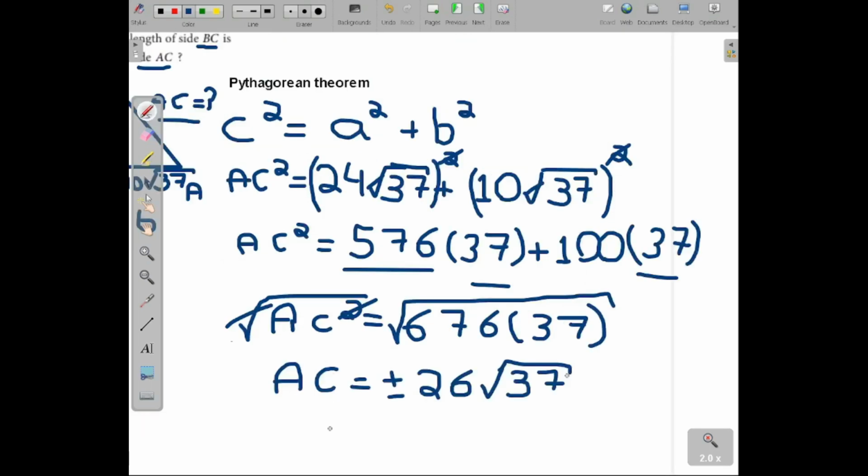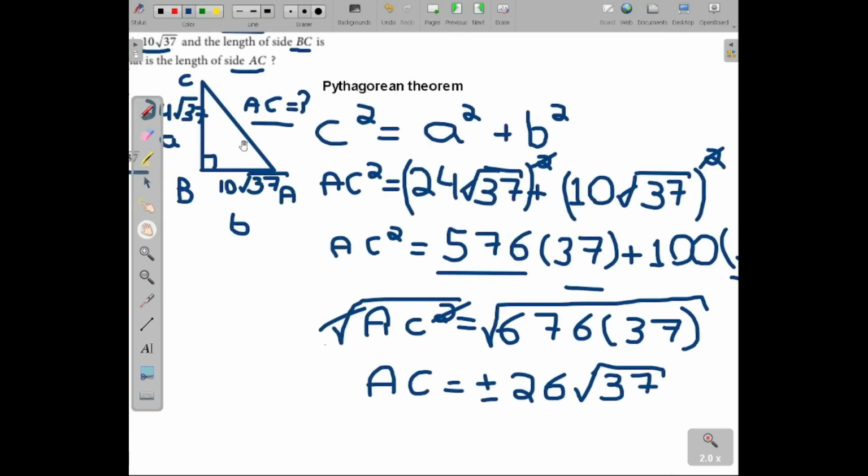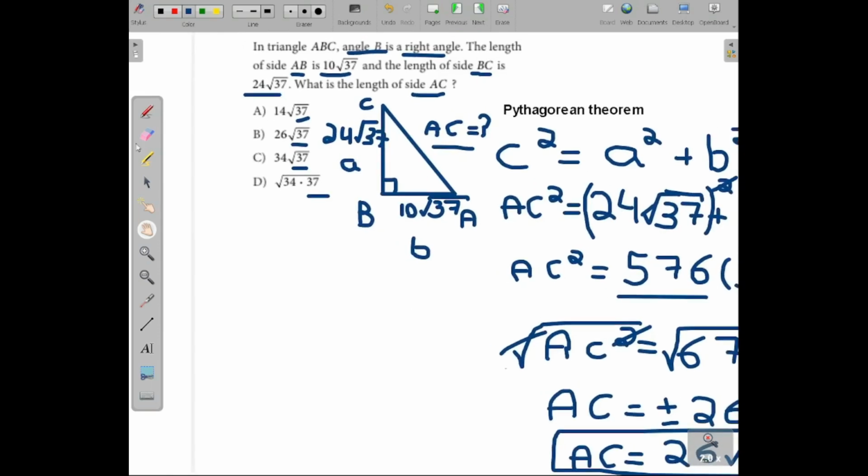But since we need to know the length, it has to be positive. The length of the side AC is equal to 26 times the square root of 37. And the right answer is B.